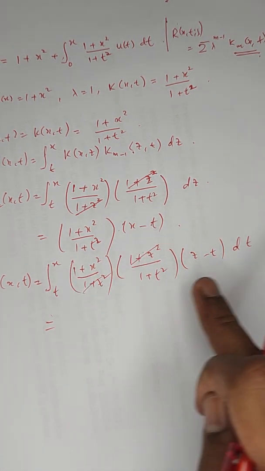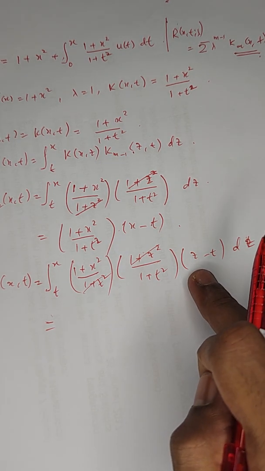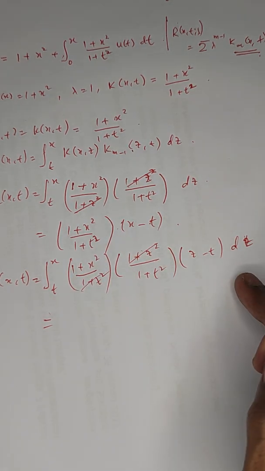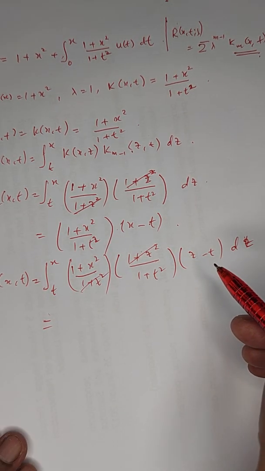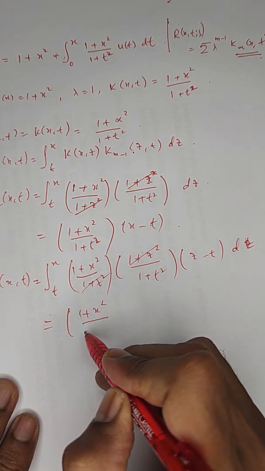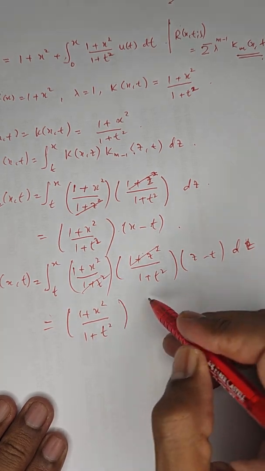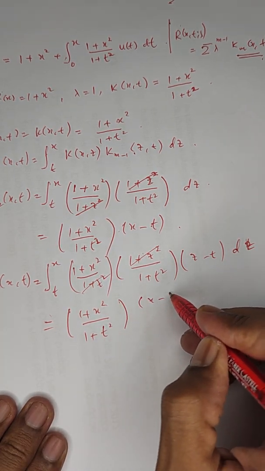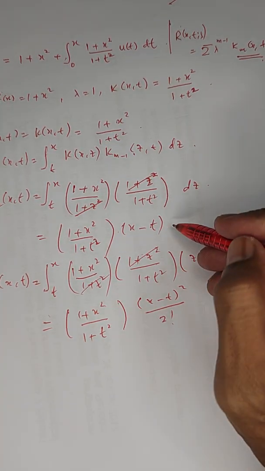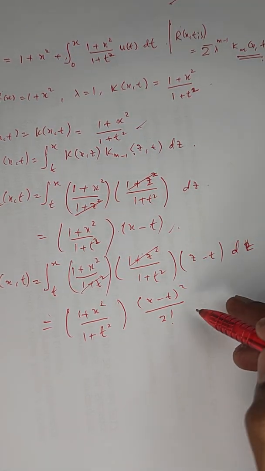So you got z²/2 minus tz, and substitute the values. So you got (1 + x²)/(1 + t²) times (x − t)²/2 factorial. So you can see here, this is k1, this is k2, this is k3.